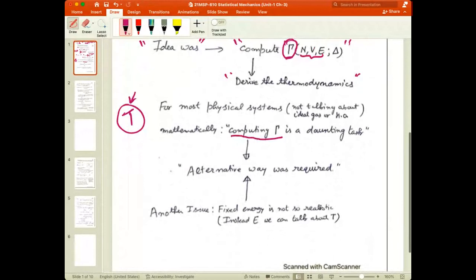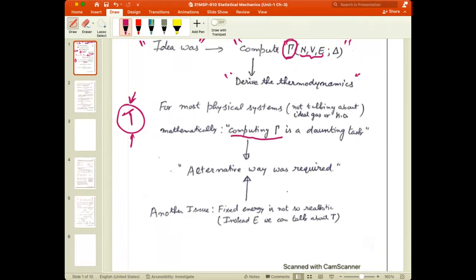So if we want to tackle a system where we are not controlling the energy or limiting the energy window, but instead we are talking about the temperature, then we don't need to consider the ensemble where my energy is fixed or varying within a window. Now we should be concerned with something where temperature is fixed, right?